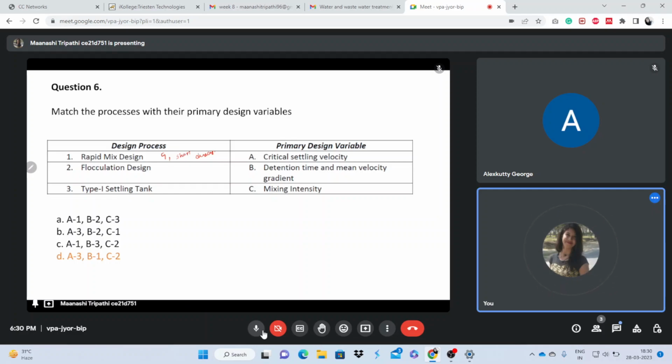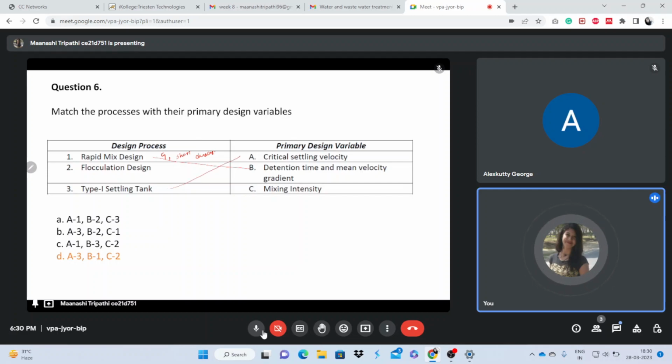No, I think this is wrong. Rapid mix design is with detention time and mean velocity gradient. And critical settling velocity is for the settling tank, which is correct.